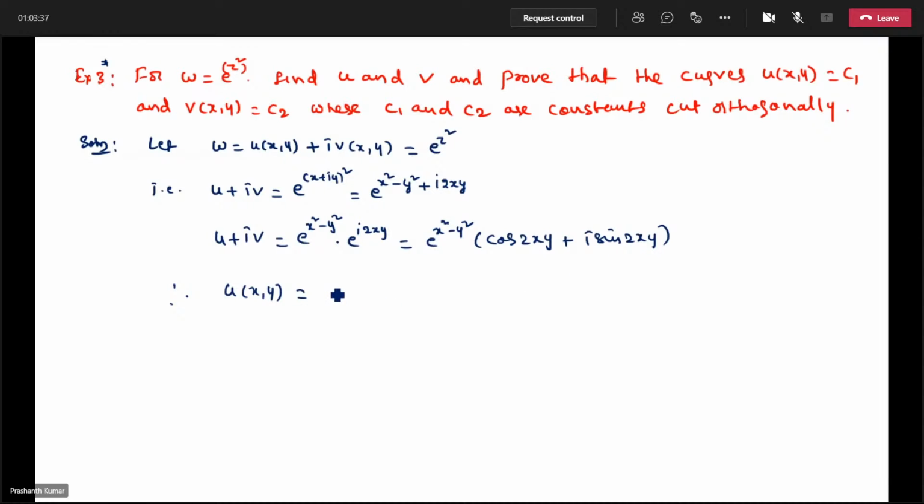So from this, u of xy is e to the power of x square minus y square into cos 2xy, and our v of xy is e to the power of x square minus y square into sin 2xy. You see that u is in this portion and iv is i into this. That's it.